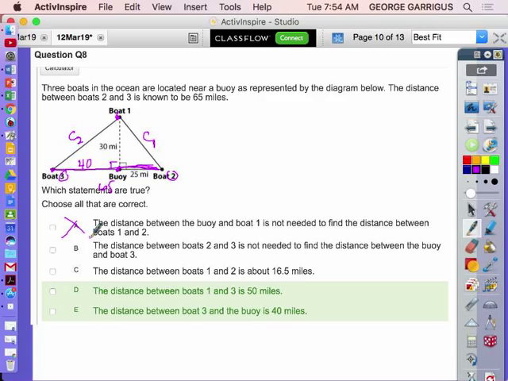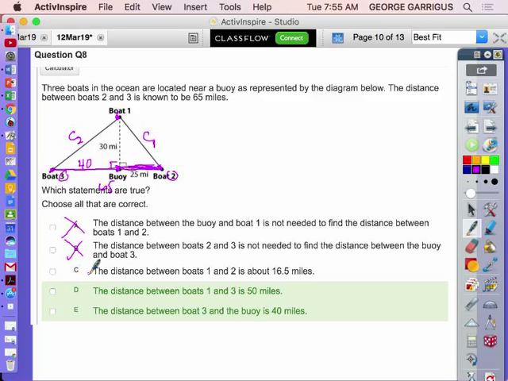The distance between boats 2 and 3 is not needed to find the distance between the buoy and boat 3. No, we needed to know the distance, and that was given. We needed to know the distance between boats 2 and 3, then we subtracted the distance between buoy and boat 2. So that's not right.